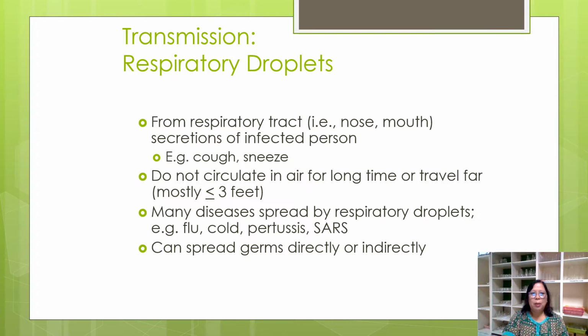And then respiratory droplets do not circulate in air for a long time or travel. So ideally 3 feet, or that is more than a meter. That is even the reason why we have the 1 meter or 1.5 social distancing in order to prevent being contaminated with coronavirus or the COVID virus.